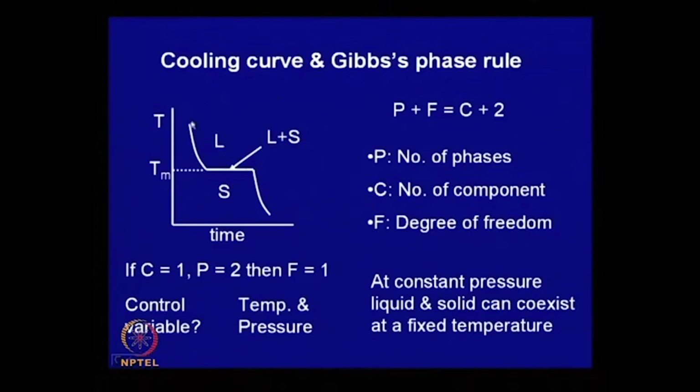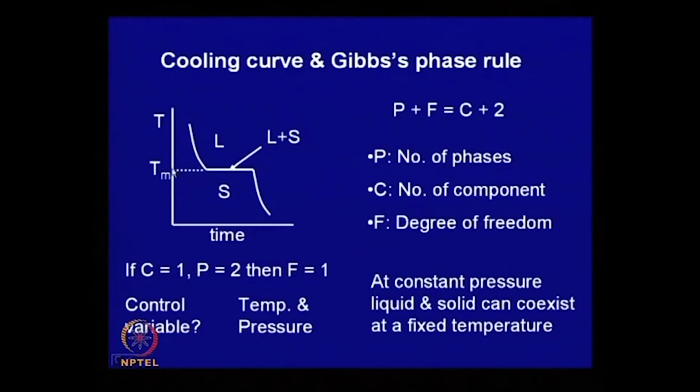And when this liquid cools, on this plot of temperature against time, it can be a smooth curve like this, and this will be primarily determined by the temperature of the metal and the surrounding, and usually this follows Newton's law of cooling, and that is why I have drawn it like this.